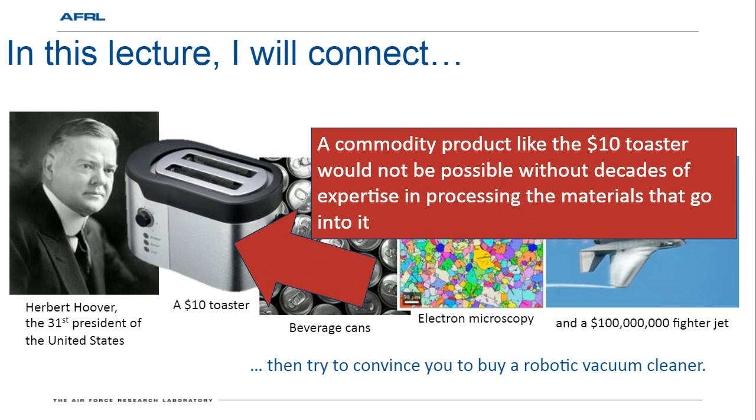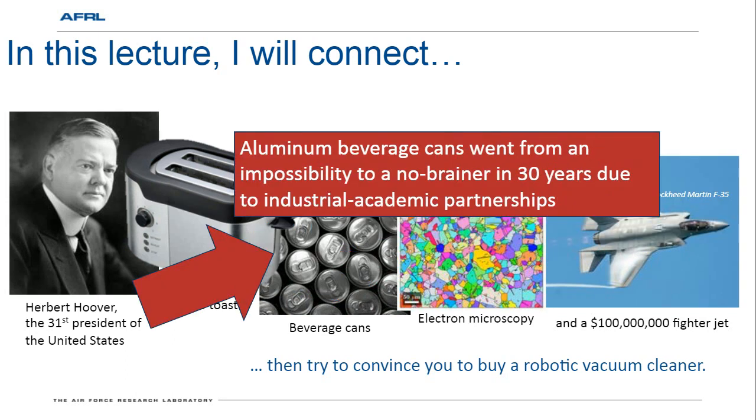A commodity product like the $10 toaster really wouldn't be possible without decades of expertise in processing the materials that go into it, and taking materials that were once specialty materials and are now commodities. The aluminum beverage can went from an impossibility to a no-brainer in about 30 years due to industrial academic partnerships, which are a proven method for being able to bring these specialty materials to the market.